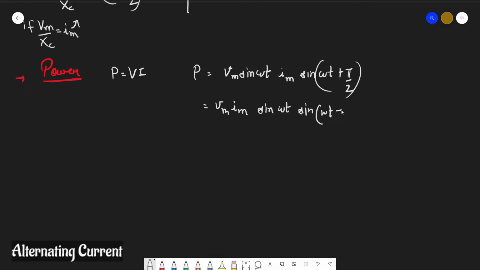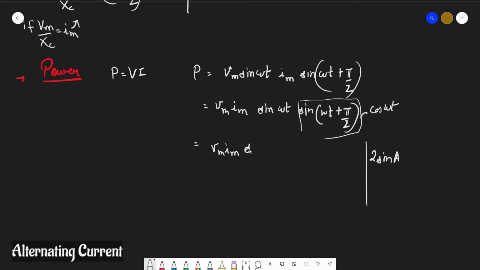Now again in this you can see an identity like the previous case. I will use the identity 2 sine A cos A equals sine 2A. Obviously from earlier you wrote it as cos of omega t, so I can write this as Vm Im sine omega t, again cos of omega t.